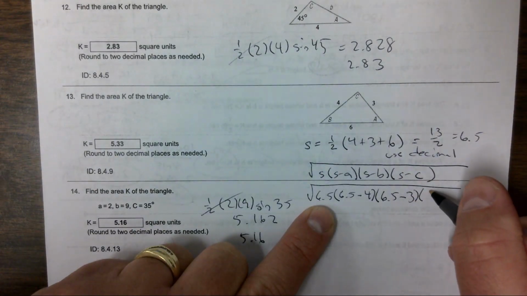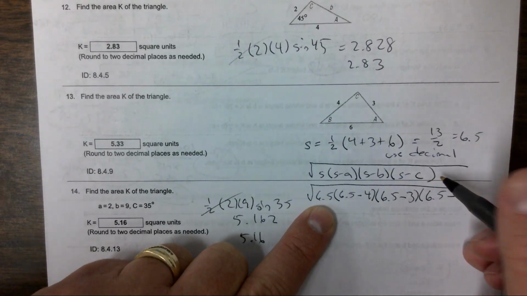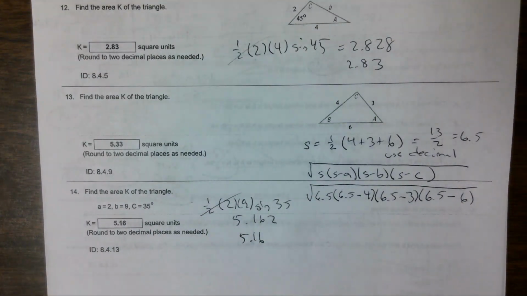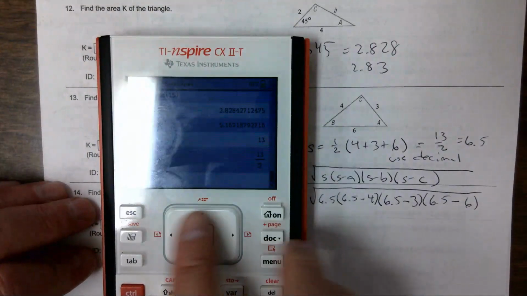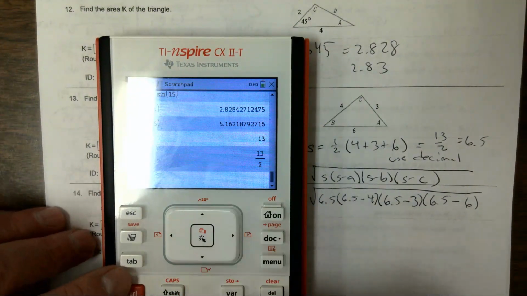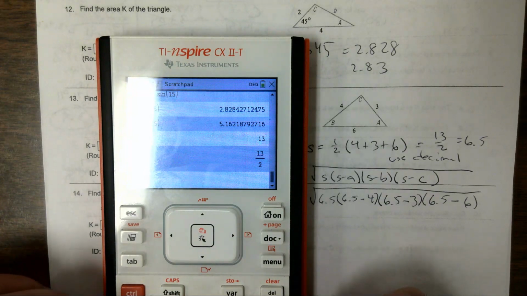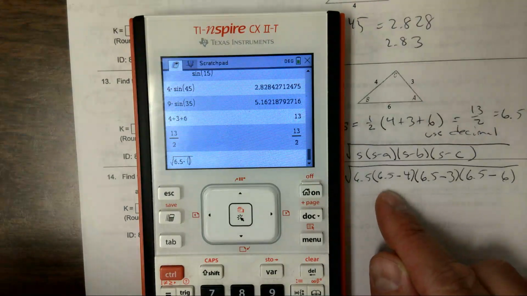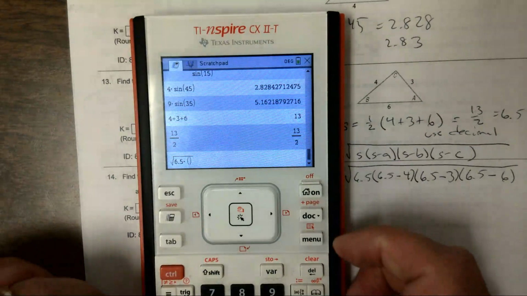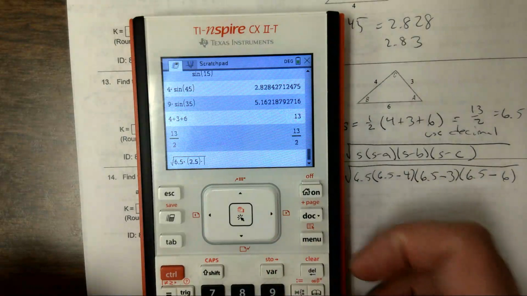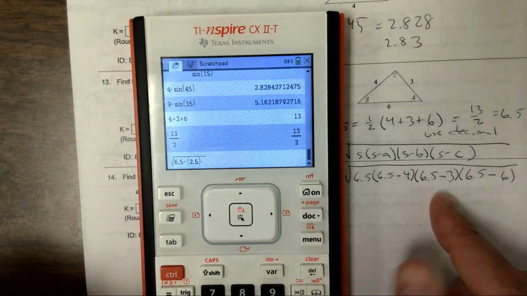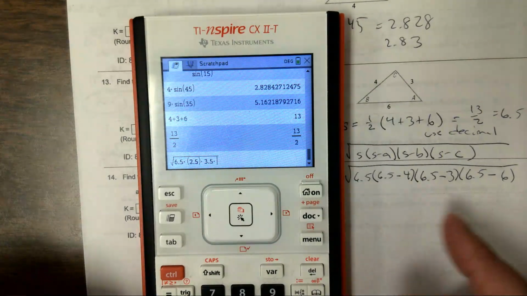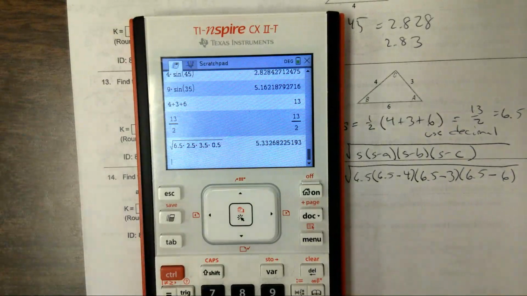And then you do 6.5 minus 6. Okay, so when we do that, we have the long square root, 6.5 times parentheses. I'm going to do some of this mentally. 6.5 minus 4 is 2.5. 6.5 minus 3 is 3.5. And 6.5 minus 6 is a half.